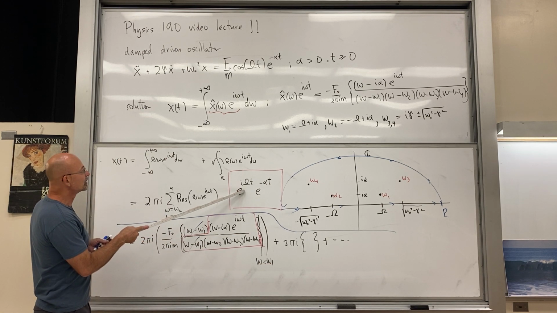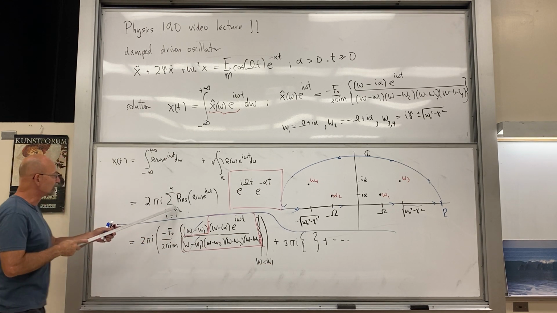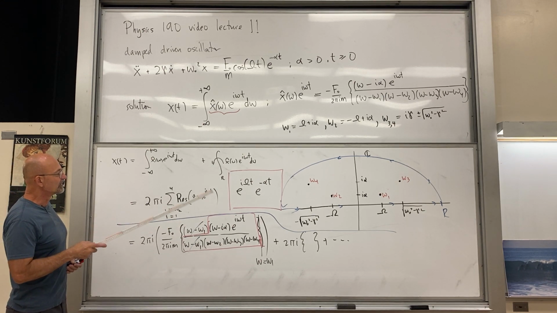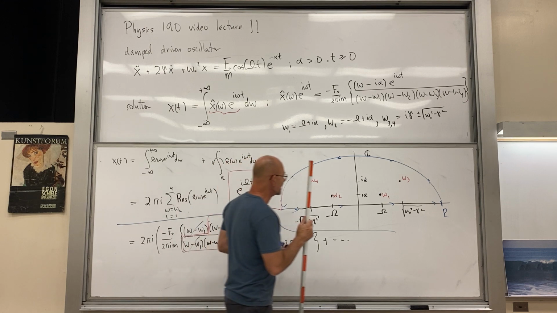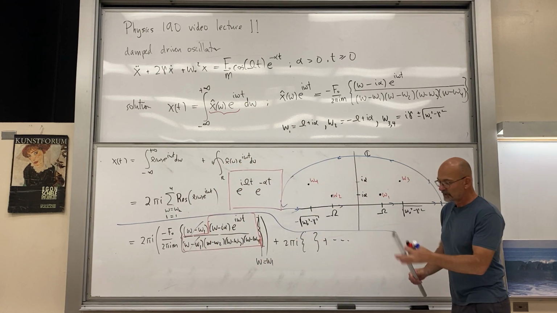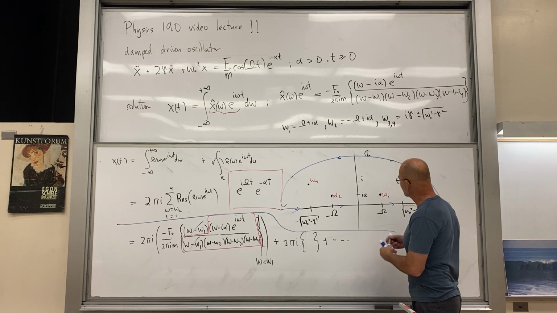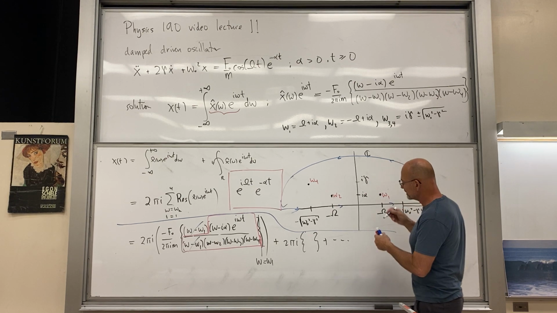So that's what these first two of this sum of 4 are going to give you roughly. Now, the second two, I wrote alpha here. This, of course, is gamma. I can correct that in real time.